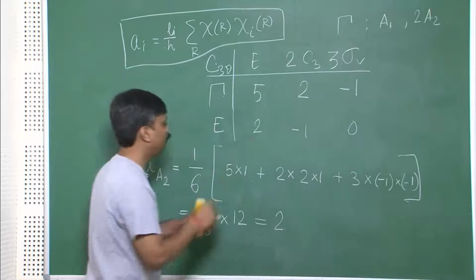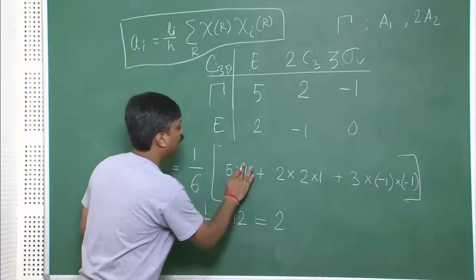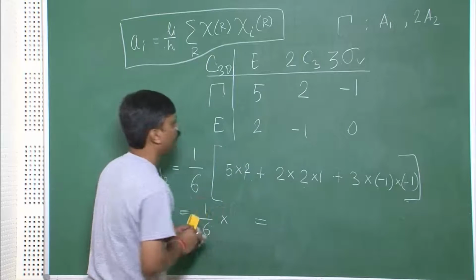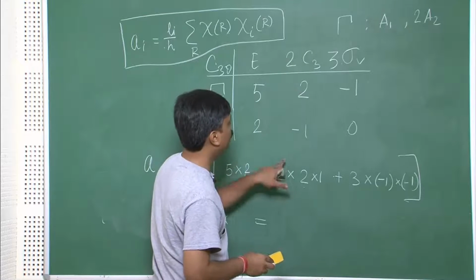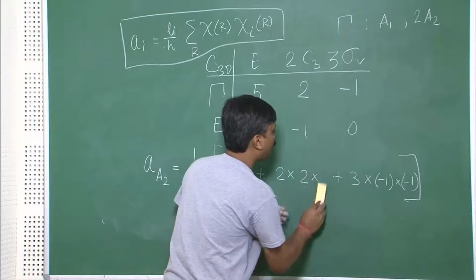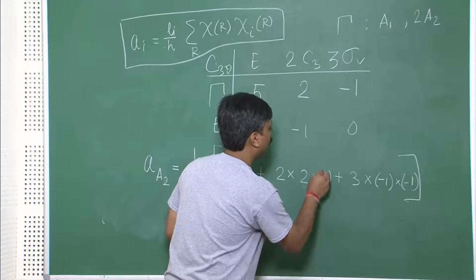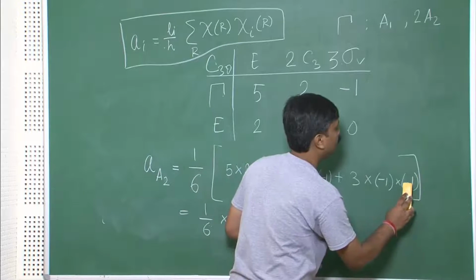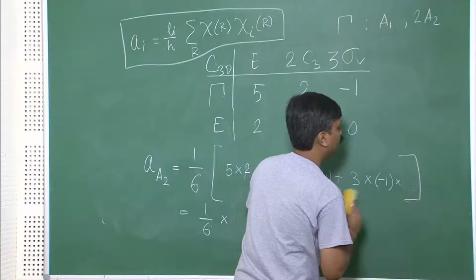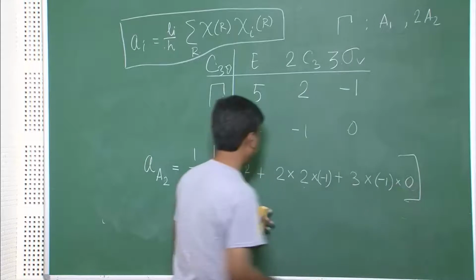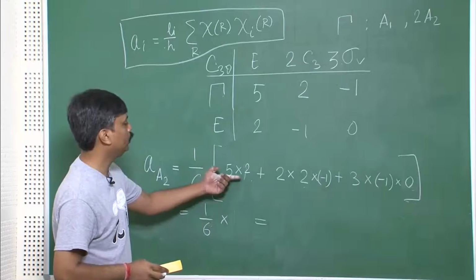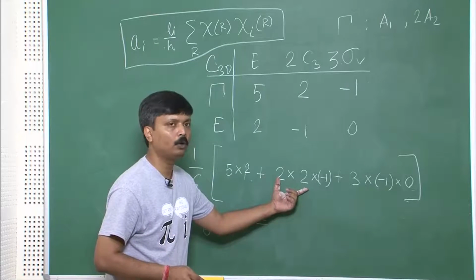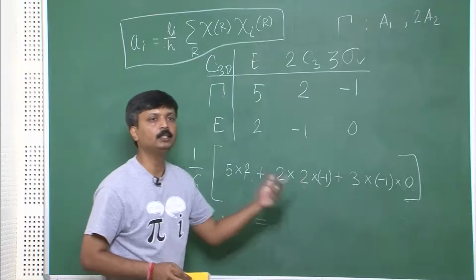So similarly if I do this, so instead of 5 into 1, this will be now 5 into 2, and here it will be 2 into minus 1, and here it will be 3 into minus 1 into 0. All right. So let's see what is the result. So I have here 10 minus 4 plus 0 means 6.